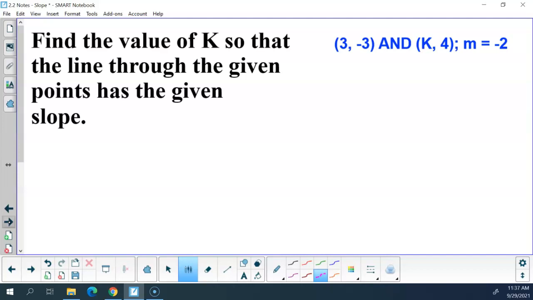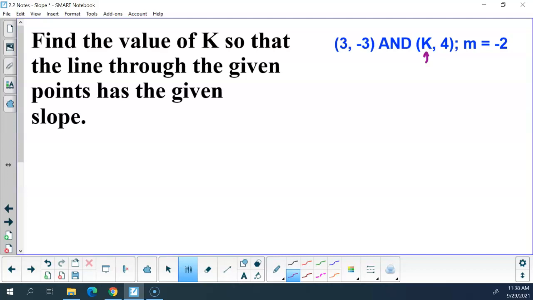So what this style of problem is asking is we need to find a value for k right there to make the slope between those 2 points to be negative 2.